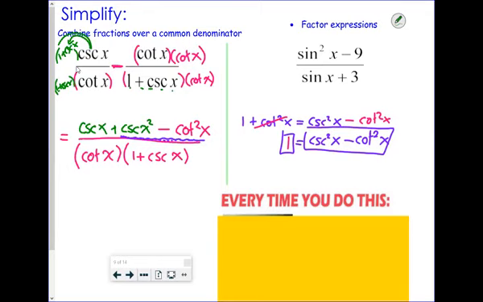I've got cosecant of x plus cosecant squared plus 1. Divide. Don't multiply that together, just leave it. Can you see why?